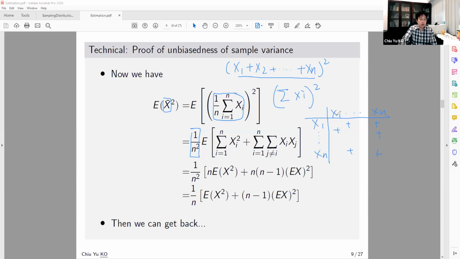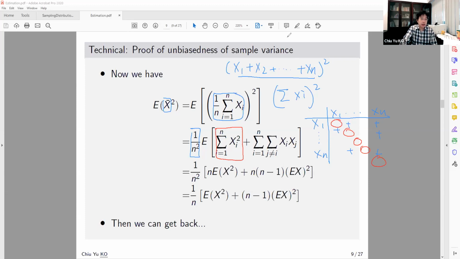That is called the distribution rule. What you can see is that the diagonals are the sum of the squares, because x1 times x1, x2 times x2, xn times xn give you the sum of the xi squared.